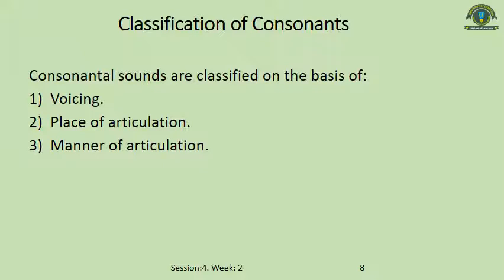The very first base is voicing, then place of articulation, and manner of articulation. In the previous slide you have seen, for example, there are 9 areas, starting with bilabial. Okay? You can understand place of articulation and manner of articulation if the things are stored in your mind.